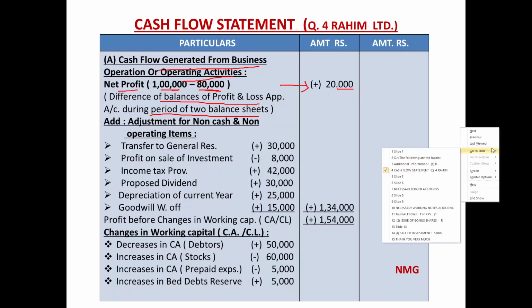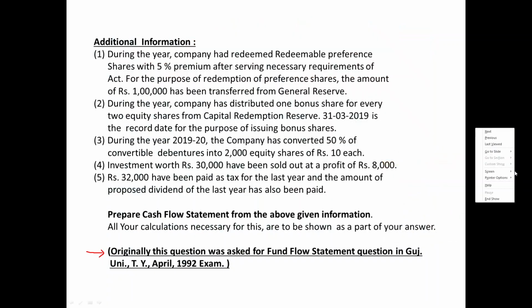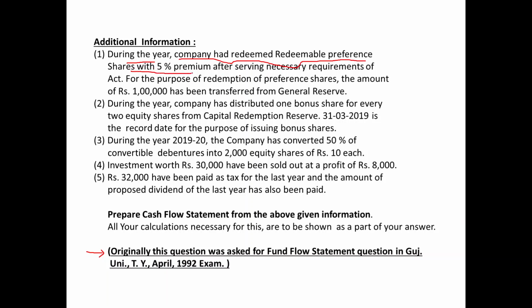Let us start the additional information. Point number 1. I am reading it. During the year, the company had redeemed redeemable preference shares with 5% premium after serving necessary requirements of the Act.